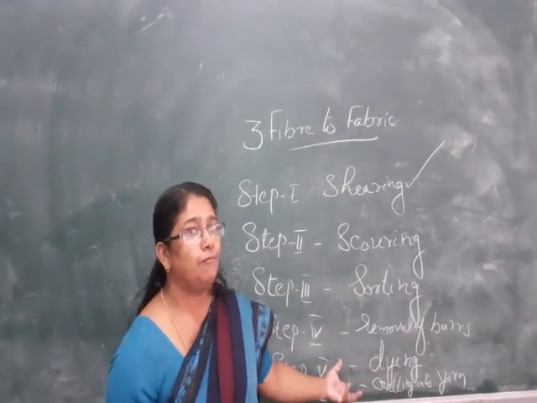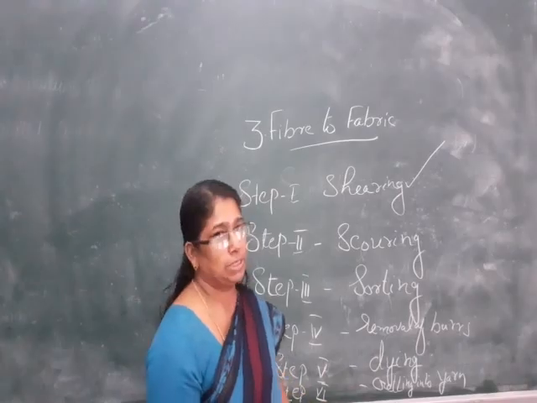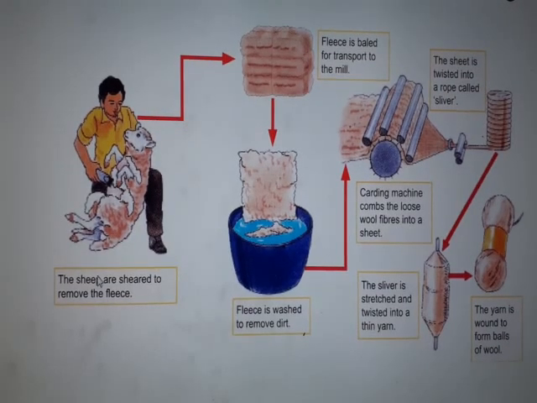Now I will show you a video for this process. So we can see the farmer shears the sheep to remove the fleece. The fleece is removed. Now after this the fleece is laid for transport to the mill, after washing and removing the dirt, and this process is called scouring.